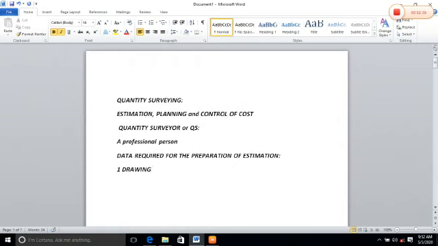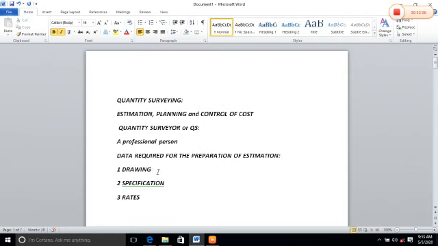Number second, specification. And number third, rates. So drawing, specification and rates are needed for the preparation of estimate.